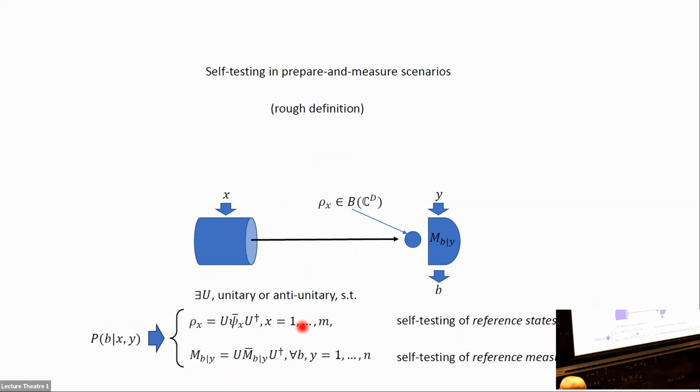And the same for the measurements. The same anti-unitary applied to these reference measurements will give me the measurements employed in the experiment. So then you will say that the experiment is self-testing these reference states. Somehow, in order to do the experiment and get these statistics, you have to prepare these states, modulo anti-unitaries, and conduct these measurements. That's the idea.